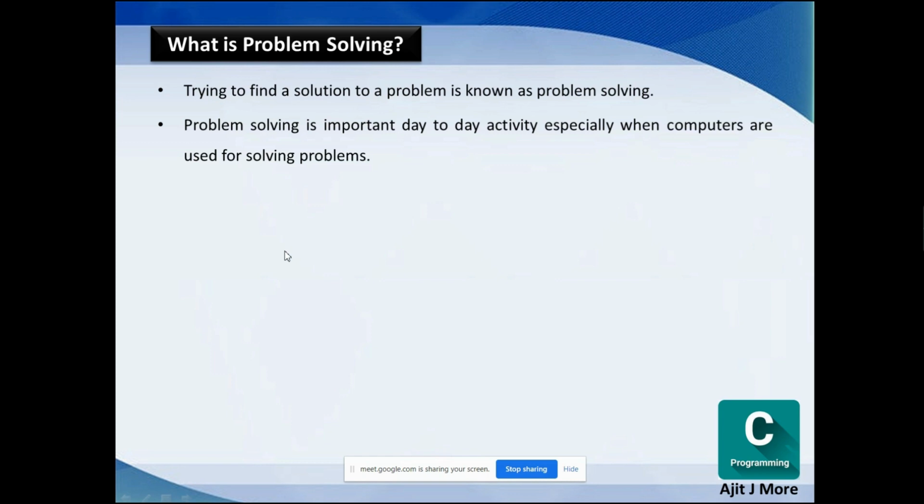At that time the solution is your solution. Now you are just learning the old solutions and understanding how those people found them. Clear? So problem solving is an important day-to-day activity, and especially in the field of computers.